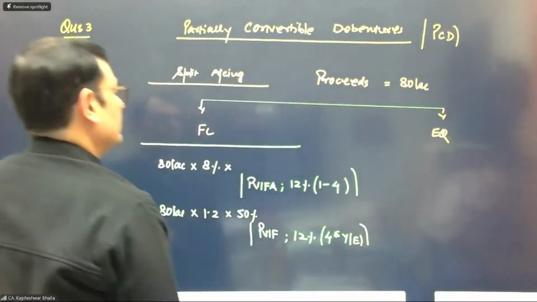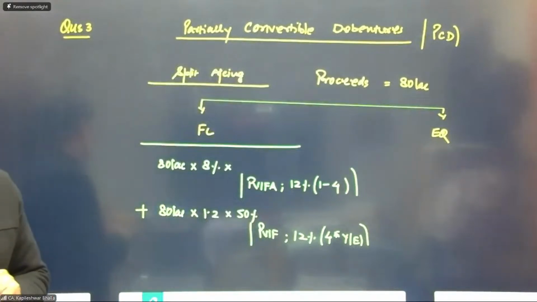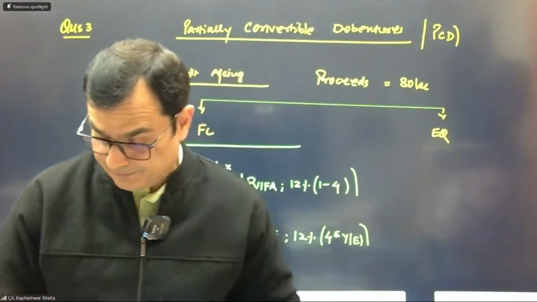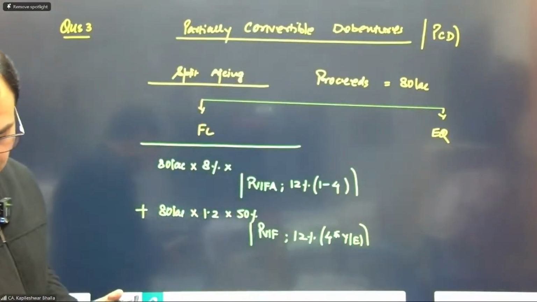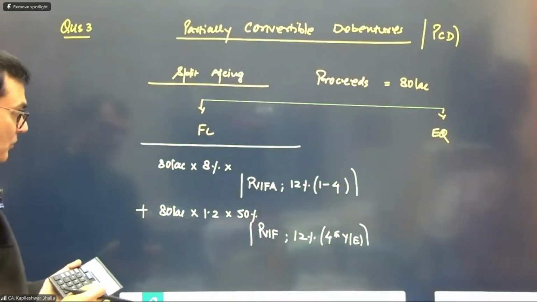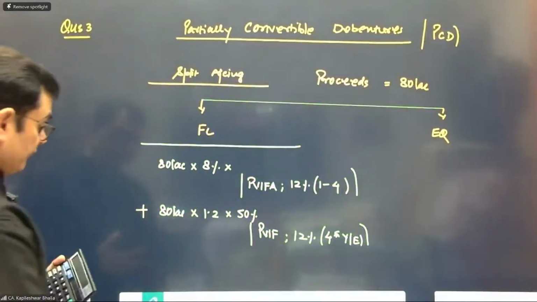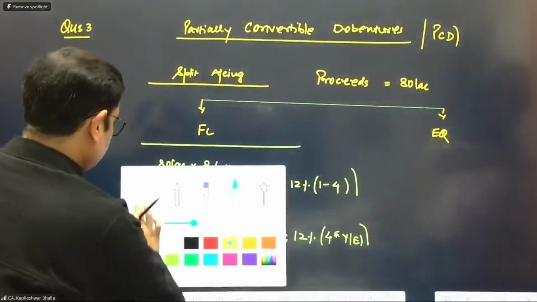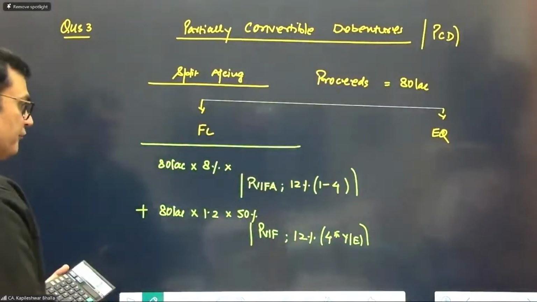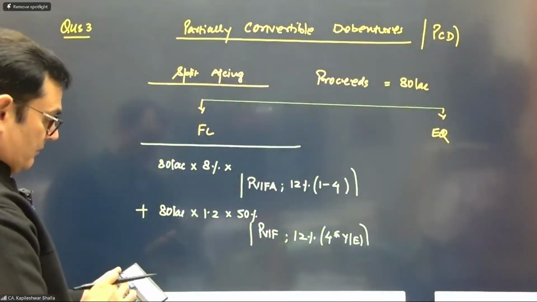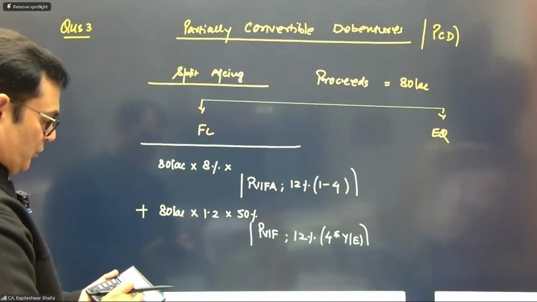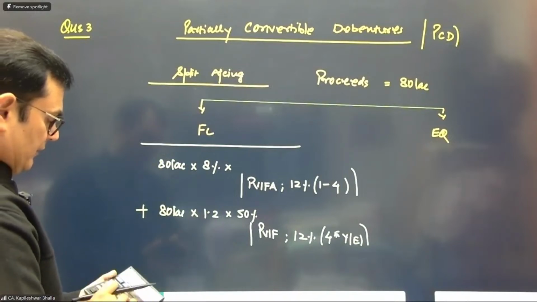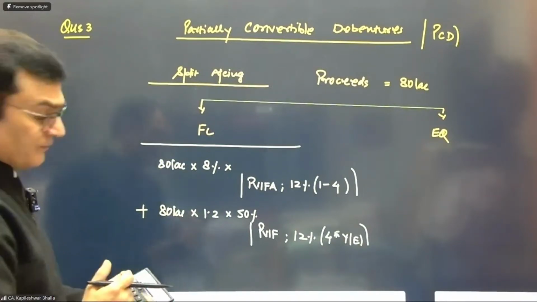So let's get the present value factors to calculate the value. So we can take the rate of 12%. Let's see what is the figure. 1, 2, 3, 4. I think it's already given in the question as well.